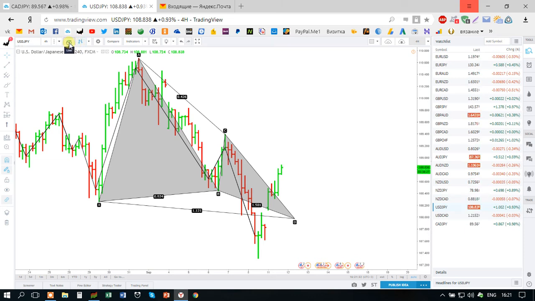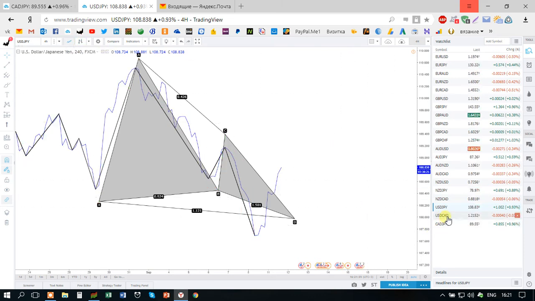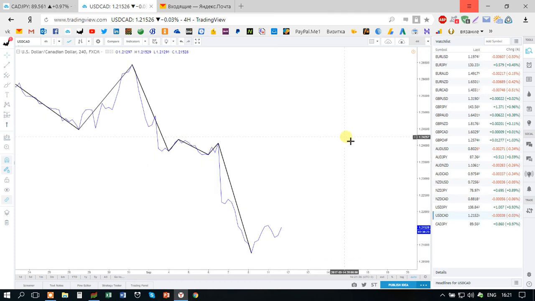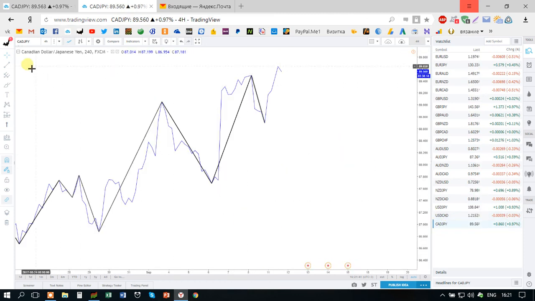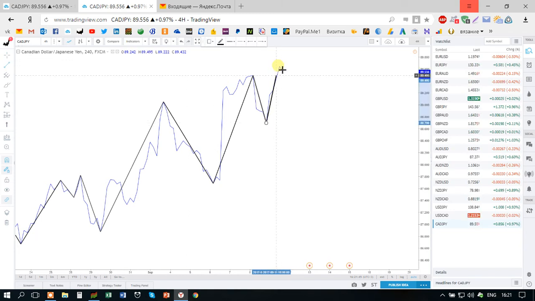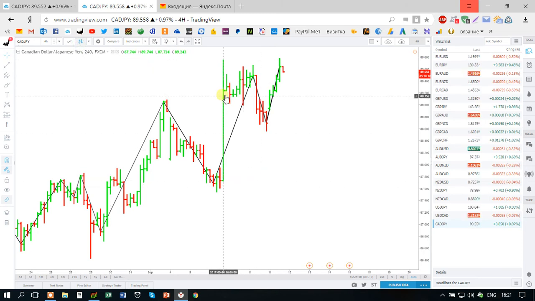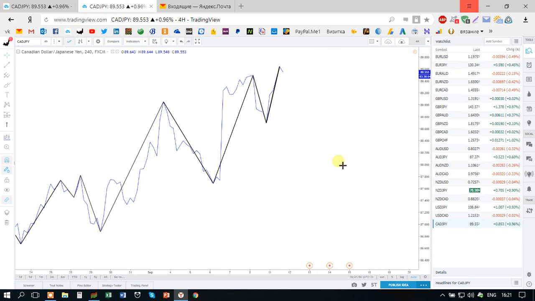So keep in mind your rules for how many trades you are allowed to have at the same time, in order not to be overexposed to the market when you have all those patterns. Okay, Canadian yen, it is the same, yes. When you are overexposed in the market, just try to make your portfolio as diverse as possible.